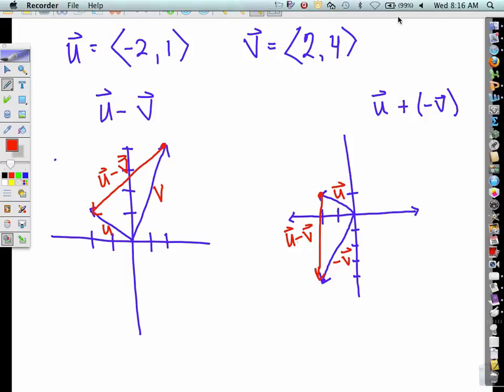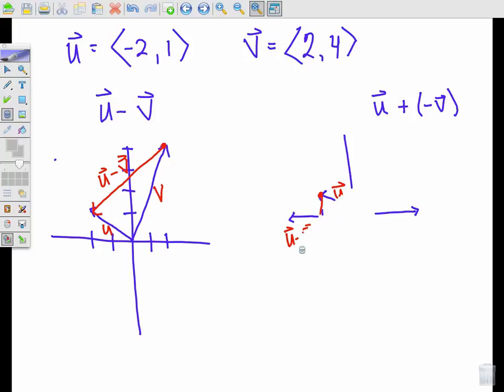End of the first vector to the end of the second vector, this would be u minus v. This one still isn't looking very good. So I'm gonna start over on this last one here.